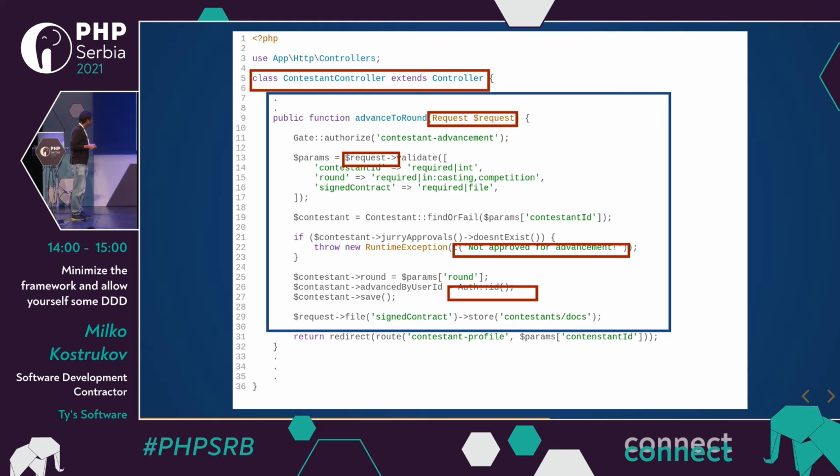Then we have a mixture of, this is actually authentication. Authentication is also somewhat of infrastructure logic. We'll explain why a bit later. And then obviously, we're dealing again with infrastructure because we know that it's a file and that it gets stored in the contestant docs, which is a path somewhere.